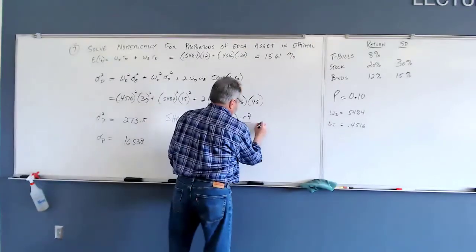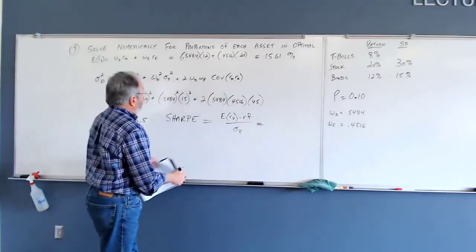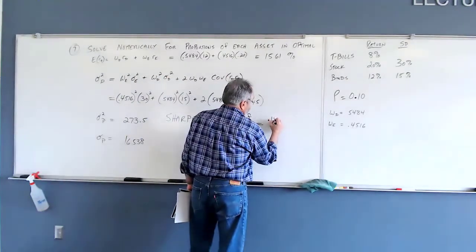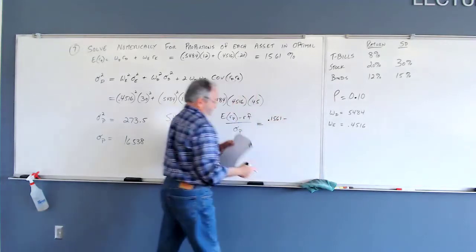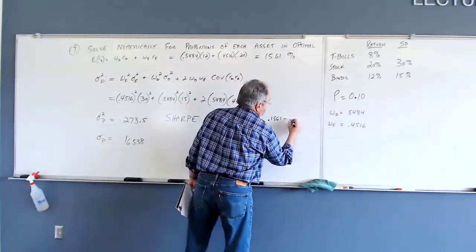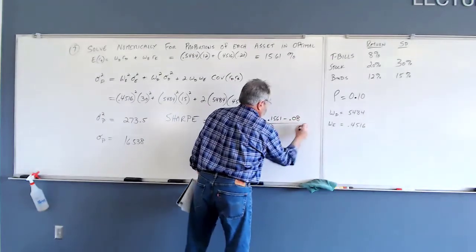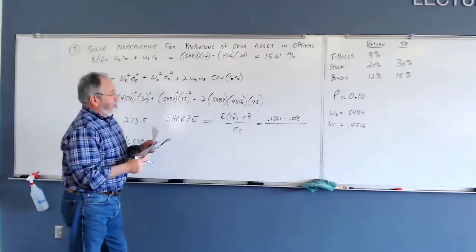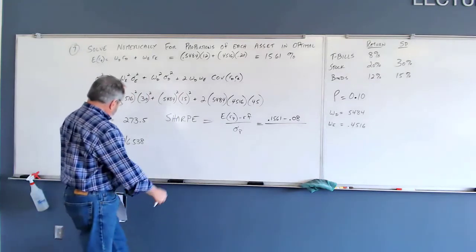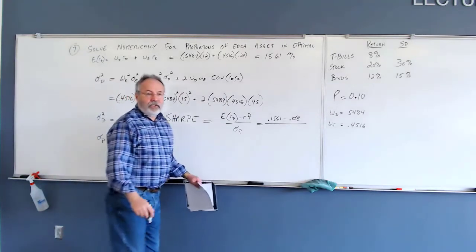So the expected return on our portfolio, 15.61% or 0.1561, minus our risk-free rate, T-bills, over the standard deviation of the portfolio, 16.538%.